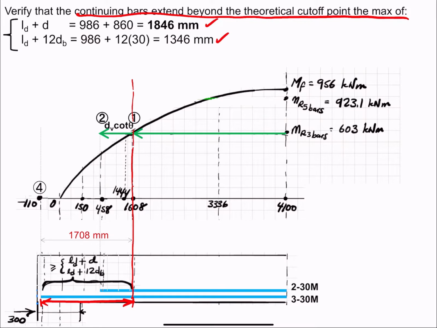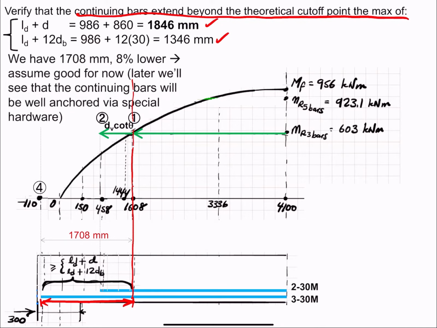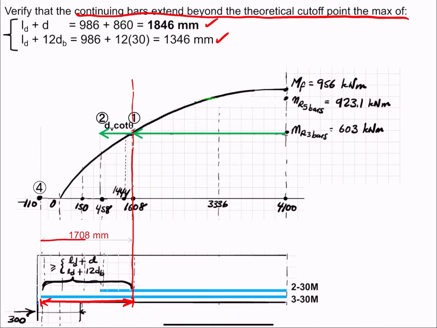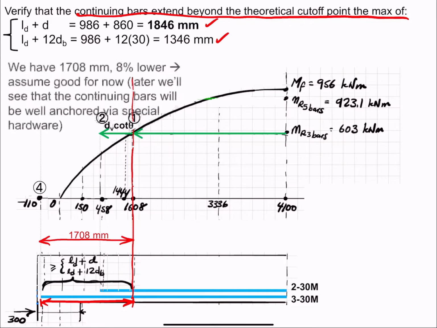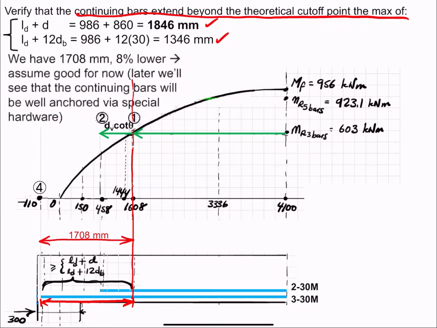Now, available space. So this is this distance. Available space is 1,708 millimeters, which is not okay. It's 8% lower, we're going to assume good for now, not good because it's acceptable.